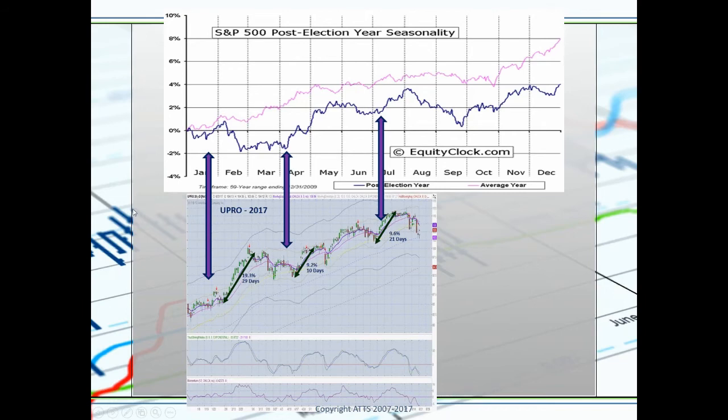Now, clearly we are not going to be able to pick up right exactly at the bottom and sell exactly at the top of any entity.